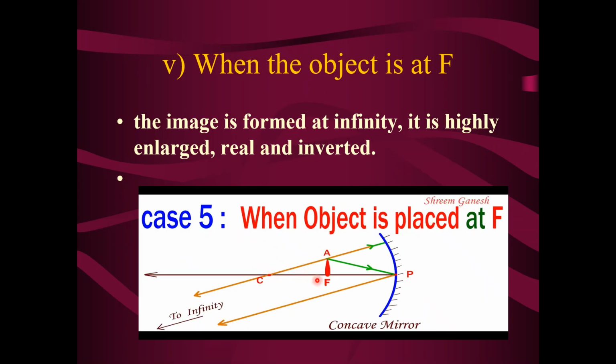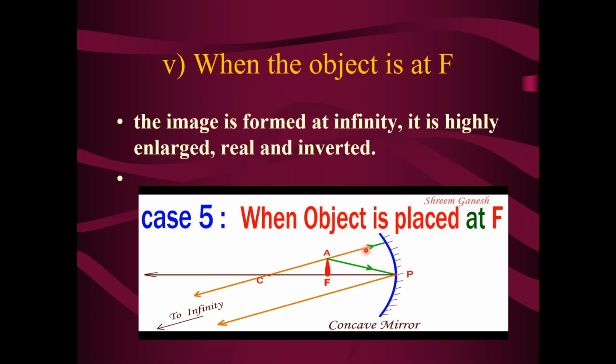Next, when the object is placed at F, again और पास आ गई ऑब्जेक्ट. So two rays you can draw, one which is passing through the pole, so making equal angle, it will be reflected from the pole. So this angle will be equal to this angle. Another ray you can draw which is passing through the center of curvature.